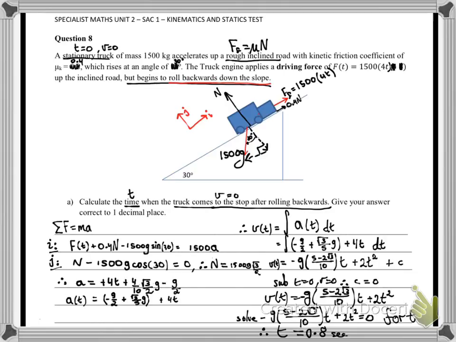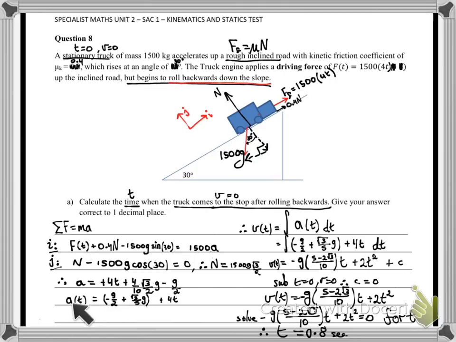So that's a bit of a complicated question, with a number of important parts. Identifying all the forces involved in the problem. Forming the equations of motion using Newton's second law: you work out the equation of motion in the i direction, and then in the j direction. Then you solve them simultaneously through substitution, and you solve for a, acceleration.